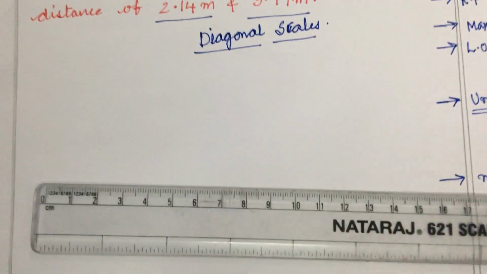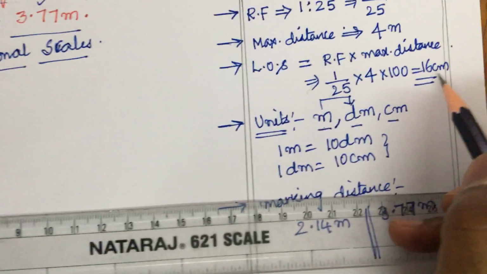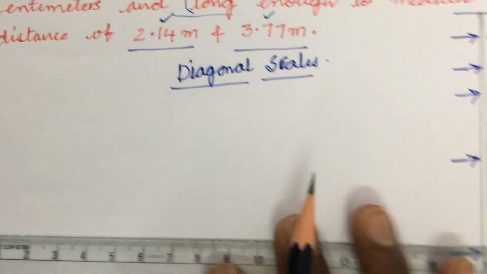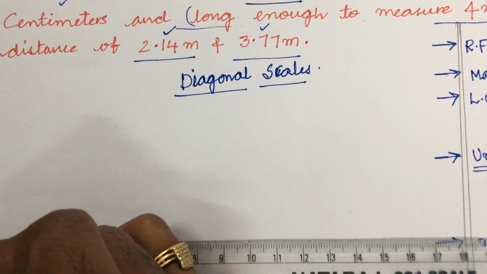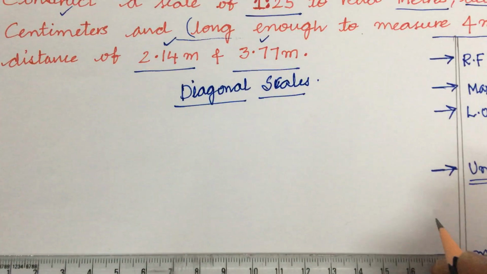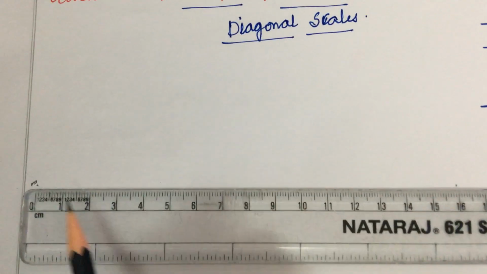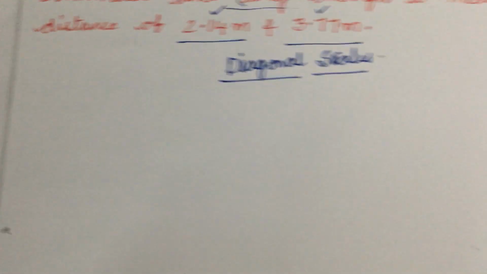Now, I have a scale where we are supposed to plot up to 16 centimeter, dear students. Your scale is going to measure up to 16 centimeter. I am going to plot from here 0 to 16 centimeter on my drawing sheet, isn't it? Because the length of the scale is found out to be 16 centimeter.